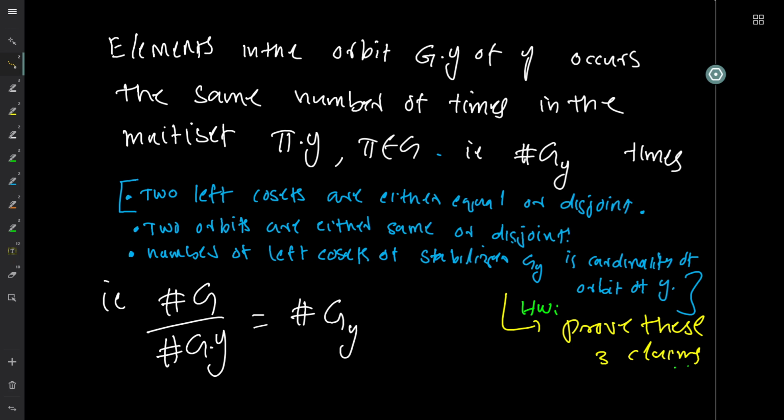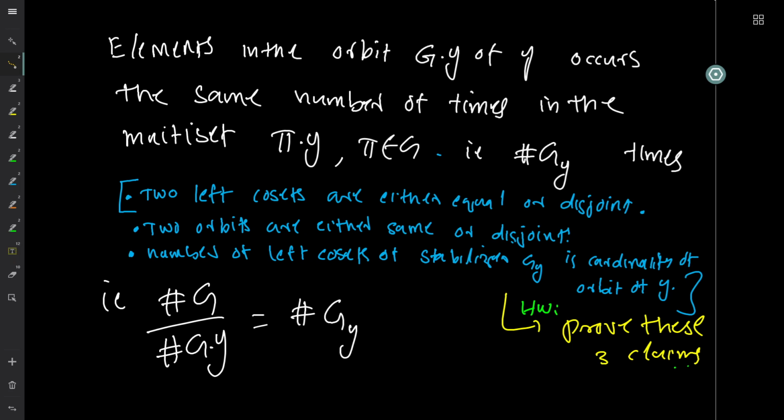Okay. Now the number of left cosets of a subgroup is the cardinality of the orbit of y, right? So the index of the stabilizer of y is the cardinality of the orbit of y. How many elements are there in the orbit? That is the number of left cosets of the subgroup G_y.